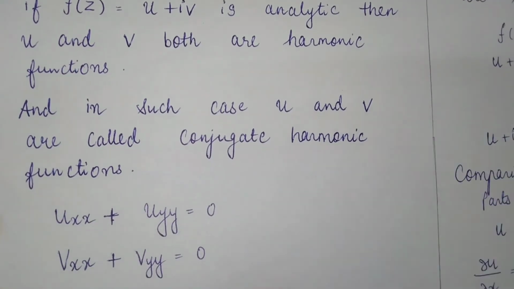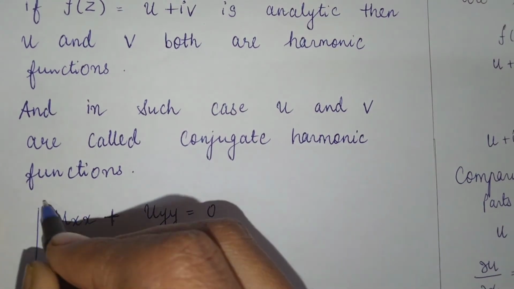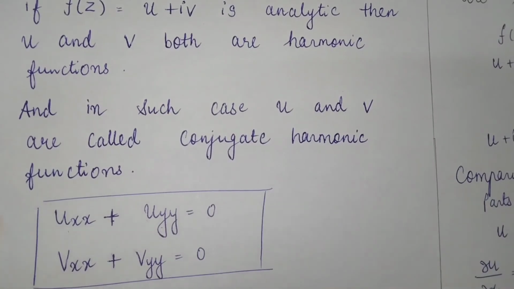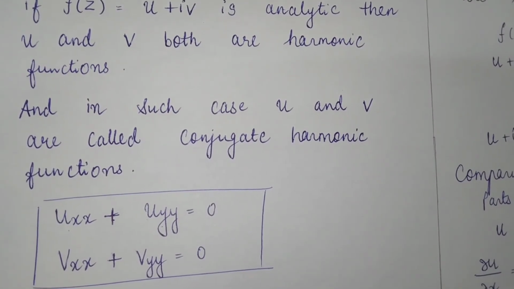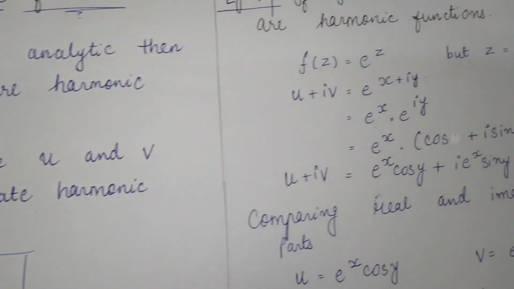To know whether a function is harmonic, the sum uxx plus uyy should be 0 and the sum vxx plus vyy should also be 0. Whenever both these conditions are satisfied, we can say that the given function is harmonic. Okay, so let us see the example. Today we will see only one example. In the next lecture we will continue with other examples.